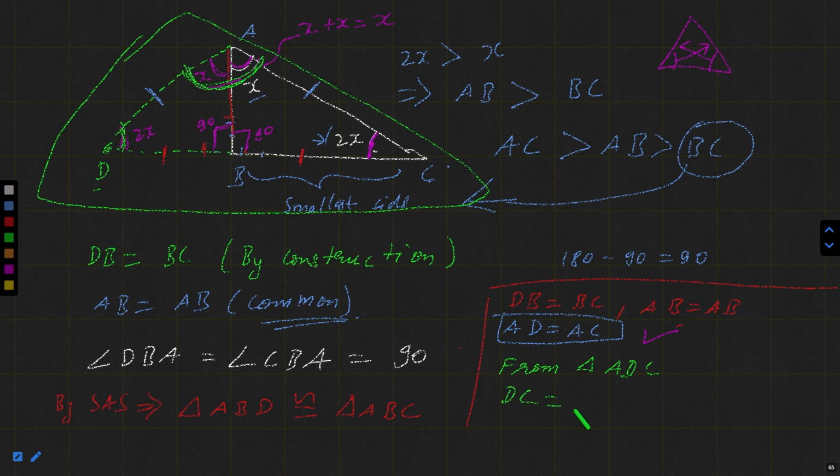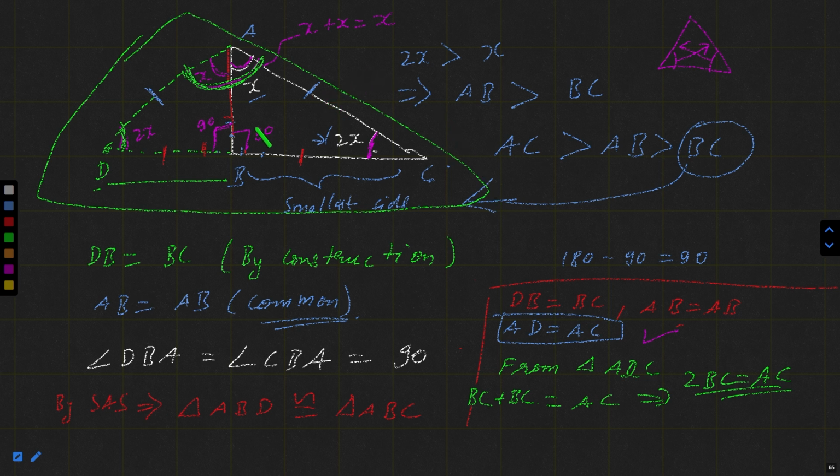So DC is equal to AC, and I know DC is the sum of two sides, BD and BC, and both are equal in length. That is, DC is equal to DB plus BC, and DB is also equal to BC, so this means BC plus BC. This means 2BC is equal to AC.